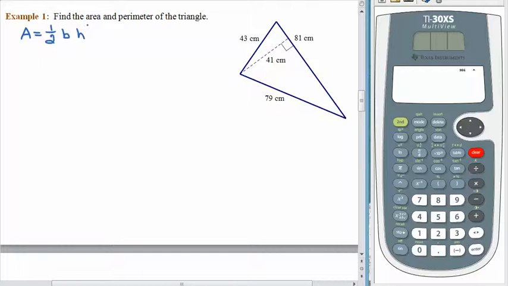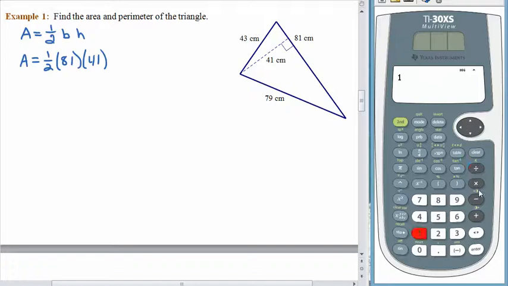All right, we need the base. Where's the base? I'm looking for this there. Here's the height. That's the 41. And the base is the side the 41 touches. So the area is equal to 1/2. The base is 81. The height is 41. And we're just multiplying and calculating from here.